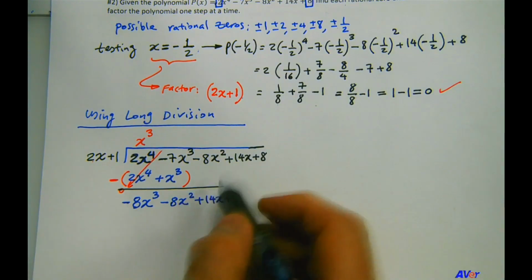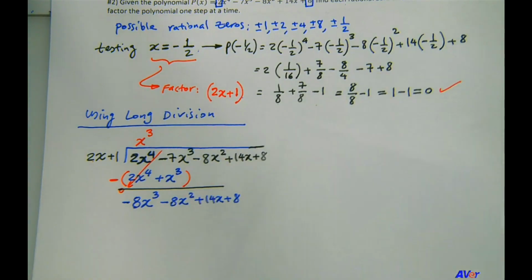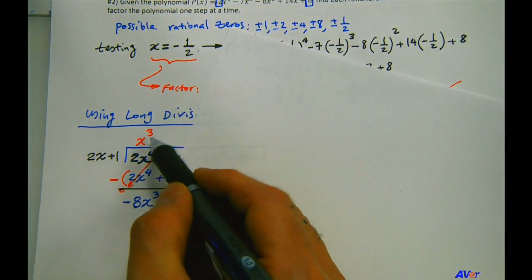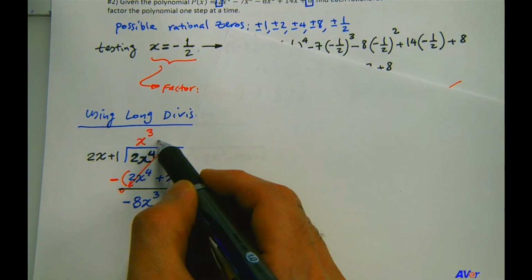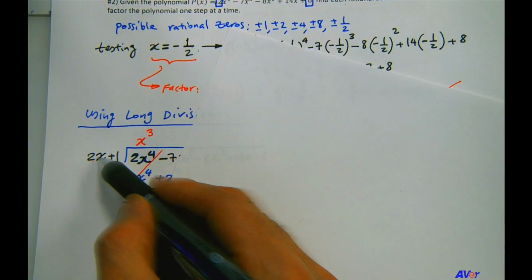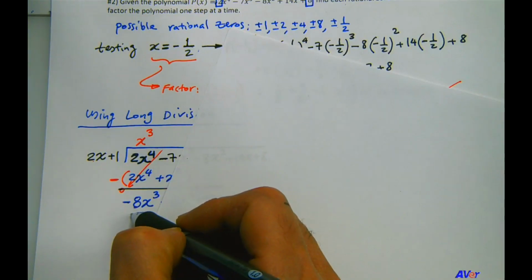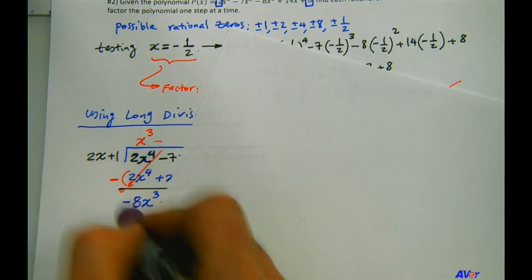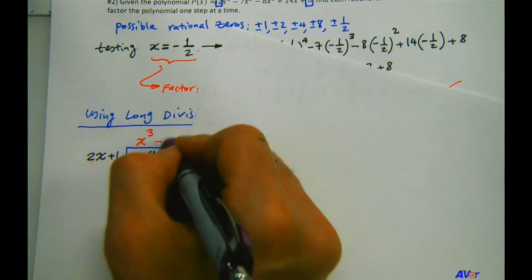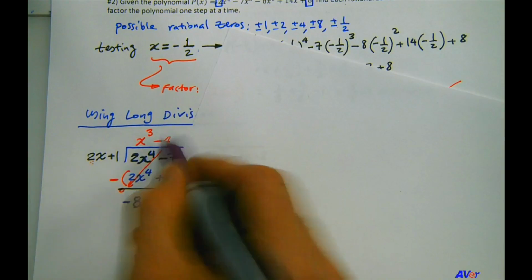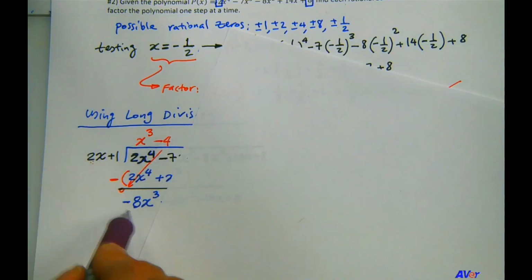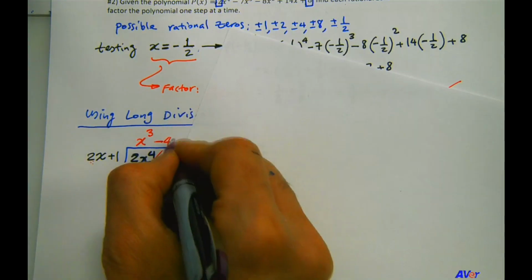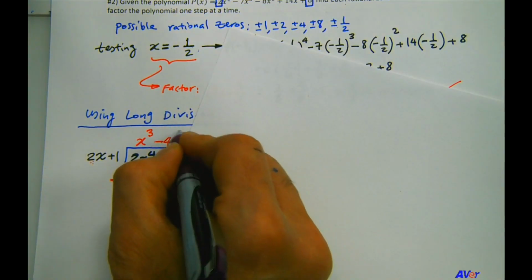Once again, we cover all those terms and ask ourselves, what should we put up here to multiply by 2x and get negative 8x cubed? We need a negative 8, and we have a 2, so minus 4. Minus 4 times 2 is negative 8. So we need x cubed, but we have just x, so also minus 4x squared.